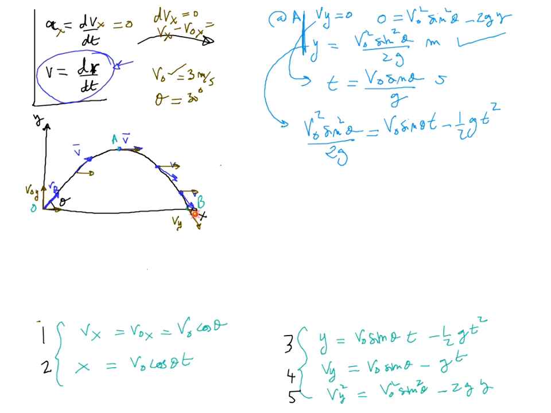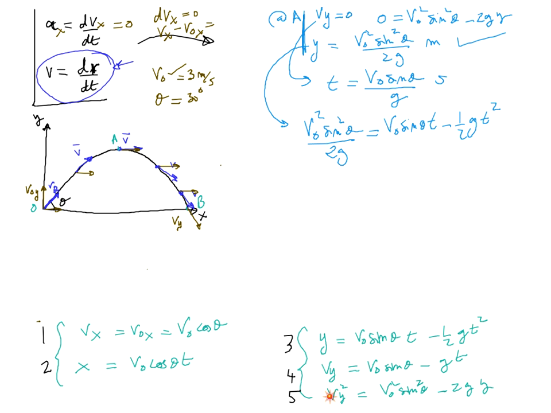Okay. Carl said, we know that Vy at this point is the same as Vy naught. Excellent. Which means that you're going to be able to use which equation? 5, 4? 4. All right. Excellent. If you do this, what are you going to get for t, though?